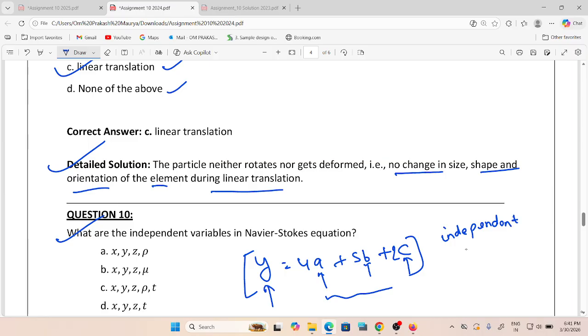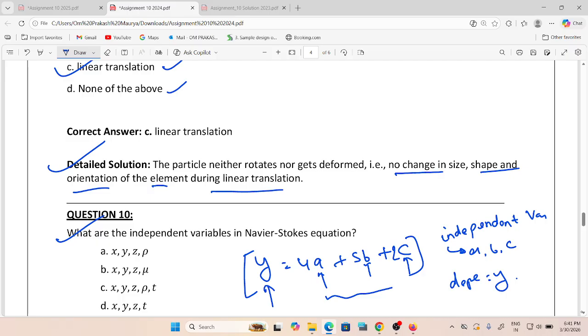So very fundamentally, I'm just explaining that the independent variables are a, b, c, and the dependent variable is y. Similarly, in the Navier-Stokes equation, what is the independent variable?